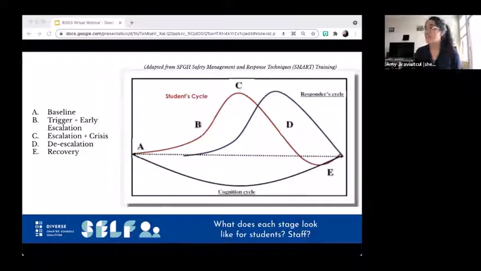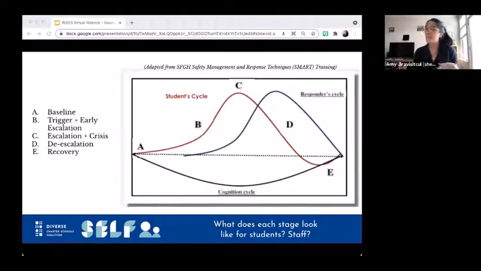That leads to an escalation, however that student individually responds to it. It could be staring out the window, refusing to comply or participate in classroom activities, fidgeting, a lot of different types of behaviors. And then point C represents escalation and crisis. So maybe becoming more verbal and refusing to comply with directions, making loud noises, possibly triggering other students, or engaging in behaviors that might compromise the safety of classmates and the rest of the community.